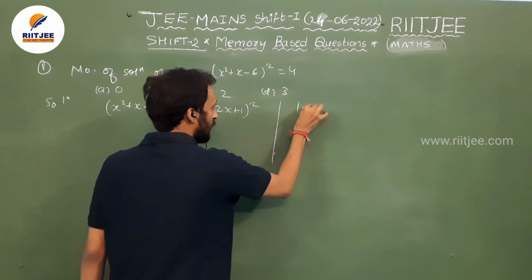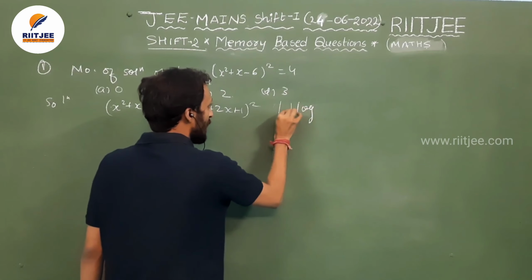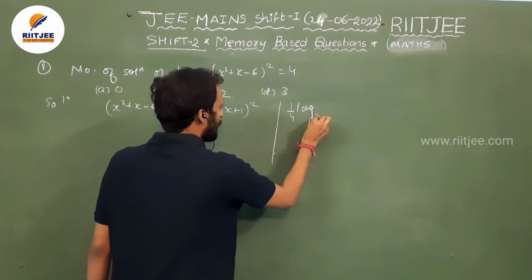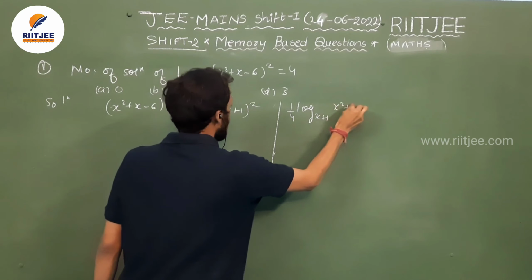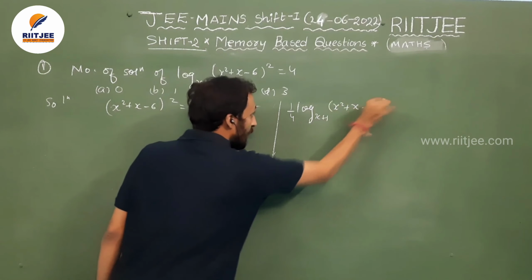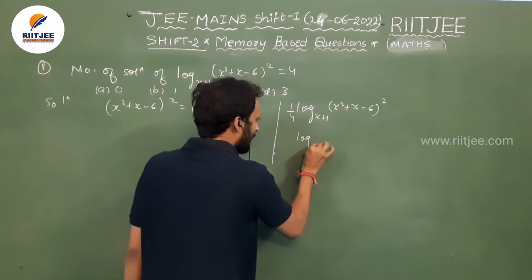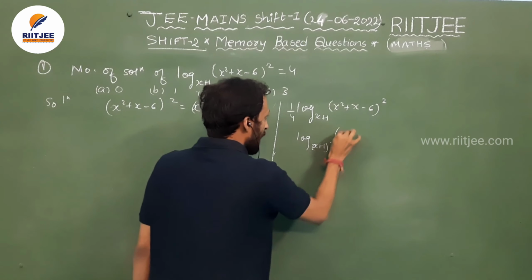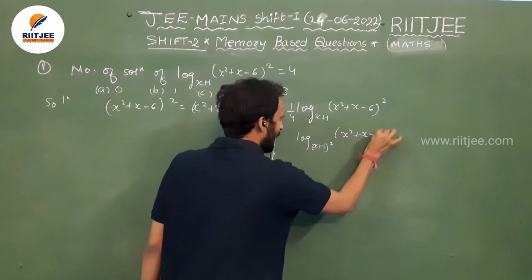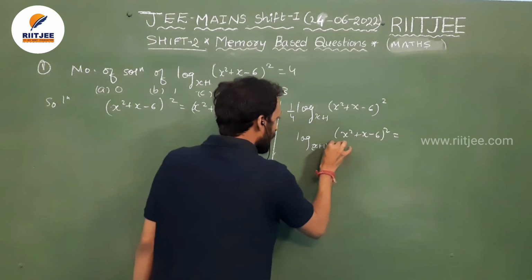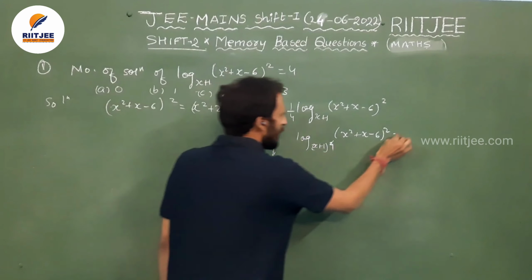Let me tell you this step. It will be 1 upon 4 log base (x square plus x minus 6 whole square) of (x plus 1), so I can write it as log of (x plus 1) whole square with base (x square plus x minus 6) whole square, and this will be power 4. So it will be equal to 1.